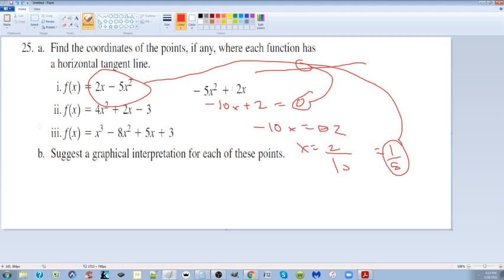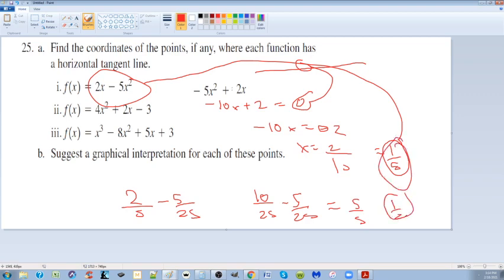And so when we plug in a fifth, we get 2 times a fifth, which is 2 fifths, minus 5 times a fifth squared, which is 5 over 25. When I put this over 25, it is 10 over 25 minus 5 over 25, which is equal to 5 over 25, which is a fifth. So we can see that the vertex here is (1/5, 1/5), the point where that's horizontal.